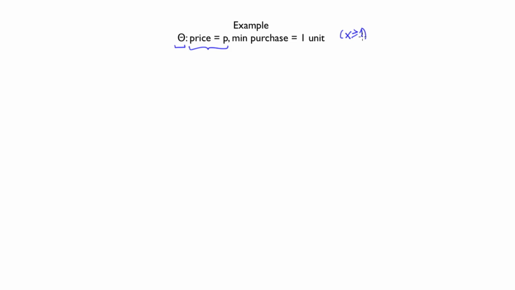And just so we can build on the example from before, let's assume that the utility function for the consumer over X and M is equal to 2A square root of X plus M. Now, what we want to do is ask what is the consumer surplus in this particular case for different thetas that are characterized by different prices P. In order to solve this, it's useful to remind you of what the consumer surplus looked like in the case in which there was no minimal constraint.